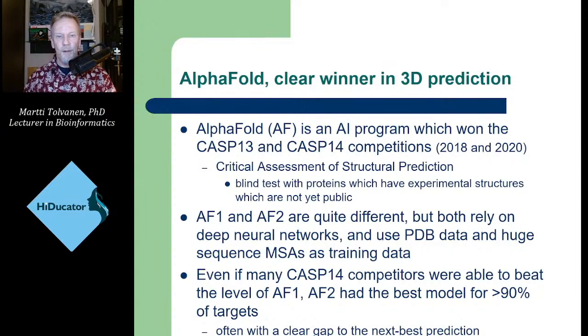Often the gap to the next best was really big, and in particular they made a huge advance in the hard targets where you didn't have any clear models that would be needed for homology-based predictions. So they were able to create good quality predictions even when nothing similar to the actual structure was known.